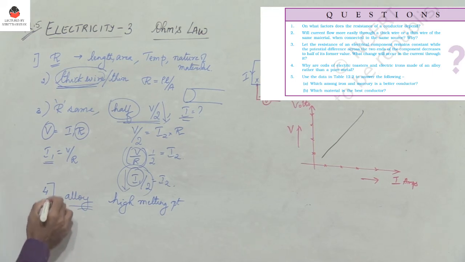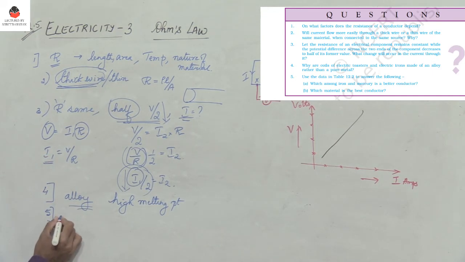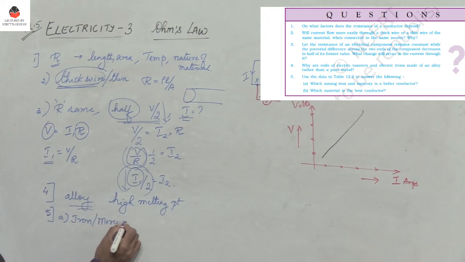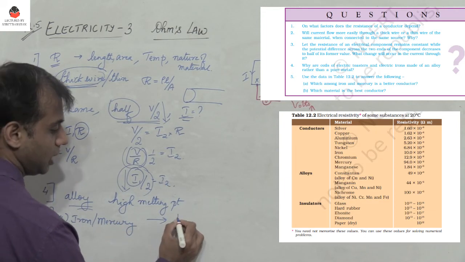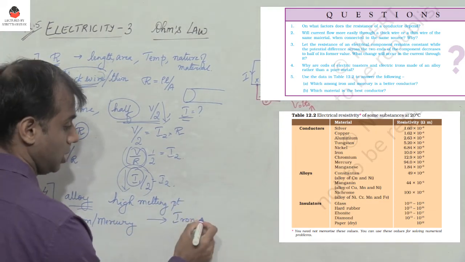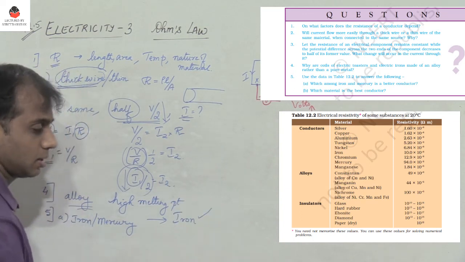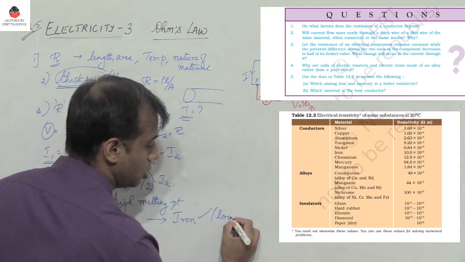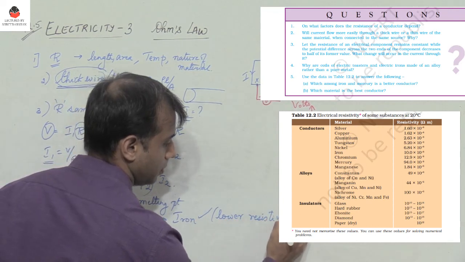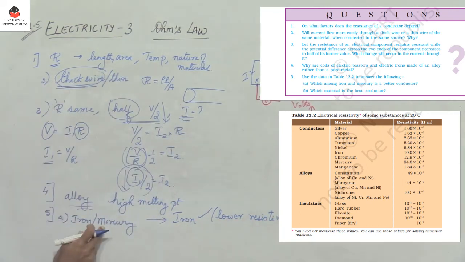5. Use the table. A: is iron or mercury a better conductor? From the table we find that iron has a lower resistivity, so iron is the better conductor because it has a lower resistivity compared to that of mercury.